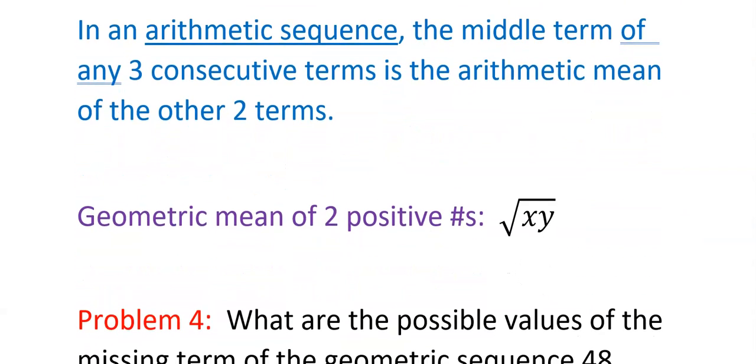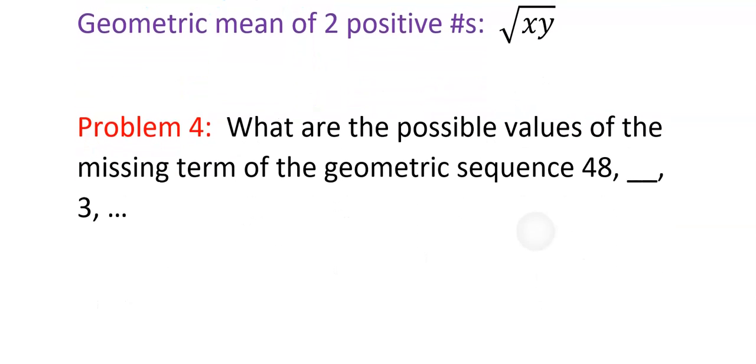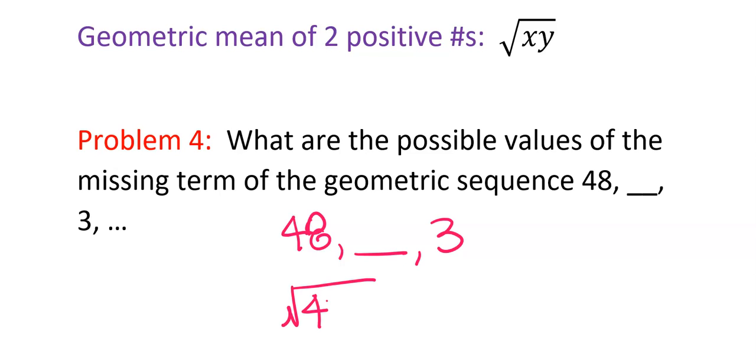In any geometric sequence, the middle term of any three consecutive terms is the geometric mean of the other two. So the geometric mean is the square root of x times y. The geometric mean is just the one in the middle, so we have 48, we don't know the one in the middle, and then we get 3. So if we take the square root of 48 times 3, that would be the one that we're missing. So the square root of 48 times 3 is 12.